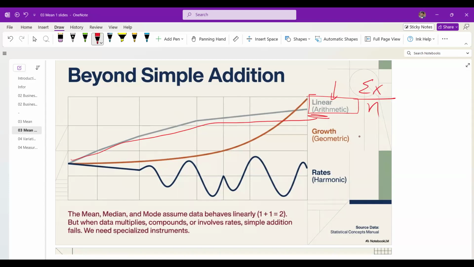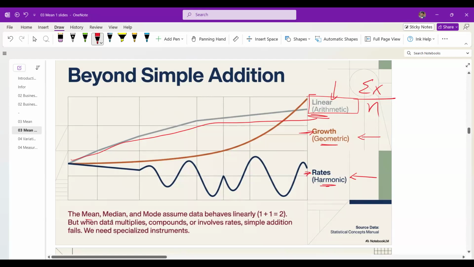So there are some different means we can use, such as geometric mean to find the average growth, and harmonic mean to find the rates. We will discuss those instances.